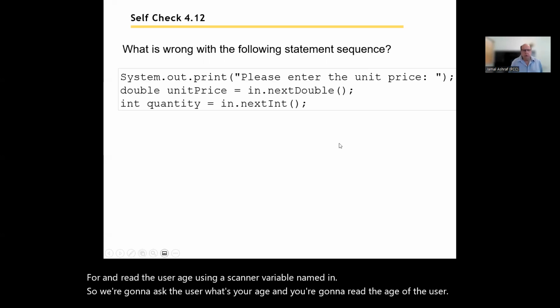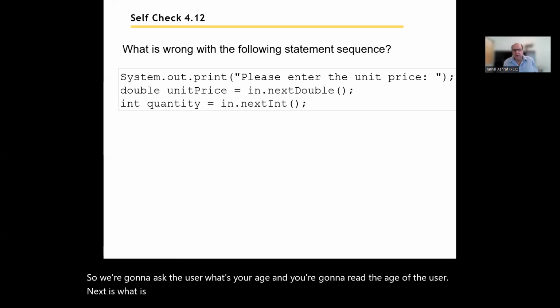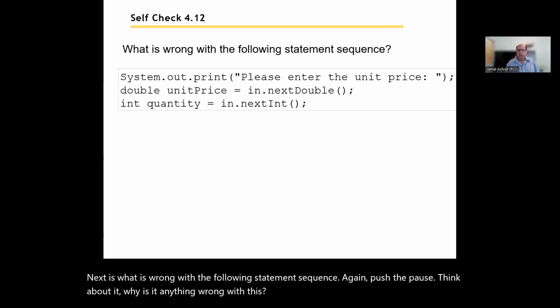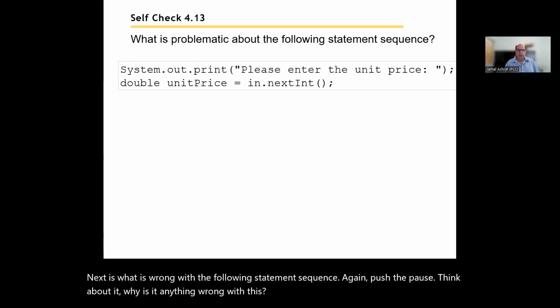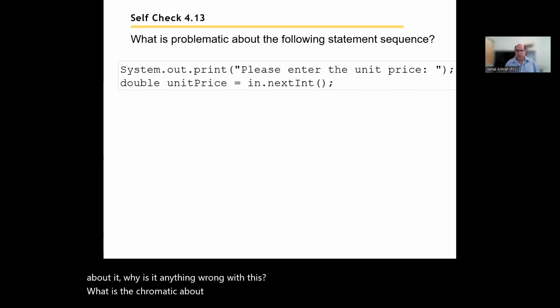Next is, what is wrong with the following statement sequence? Again, push the pause, think about it. Why is there anything wrong with this? What is problematic about the following statement sequence?